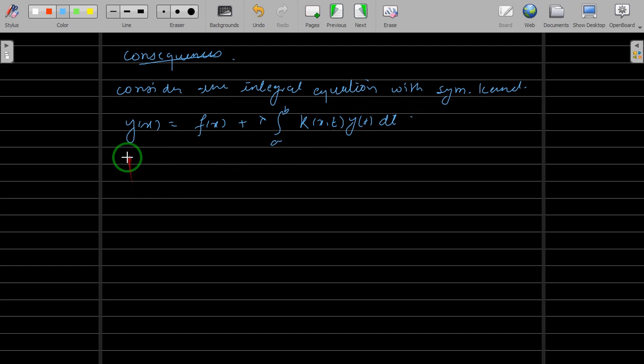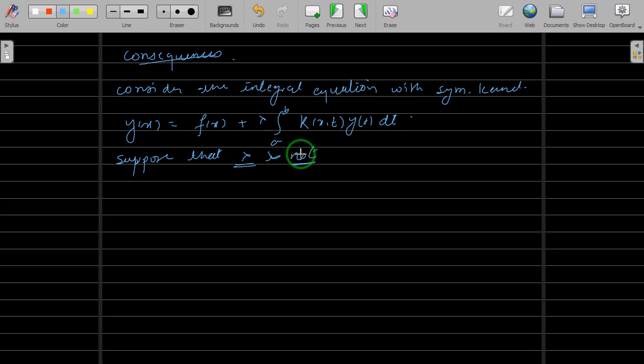Now suppose that, this is important now, we can use this theorem only if this lambda is not an eigenvalue.